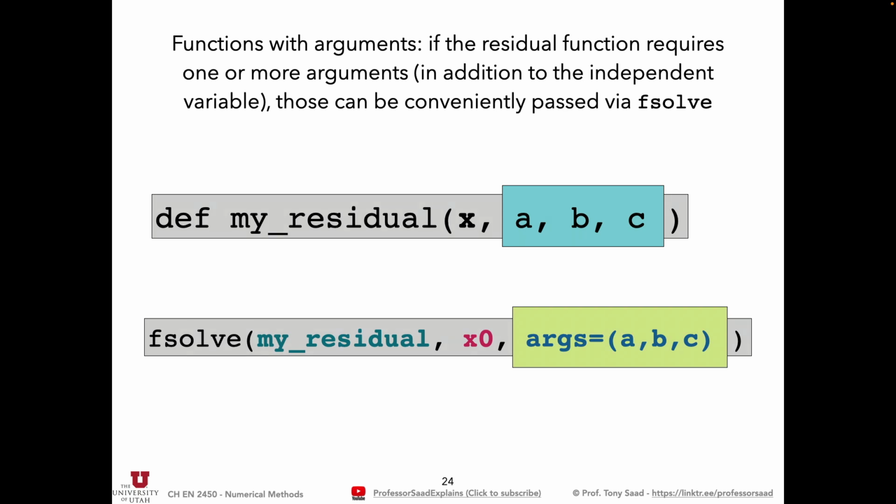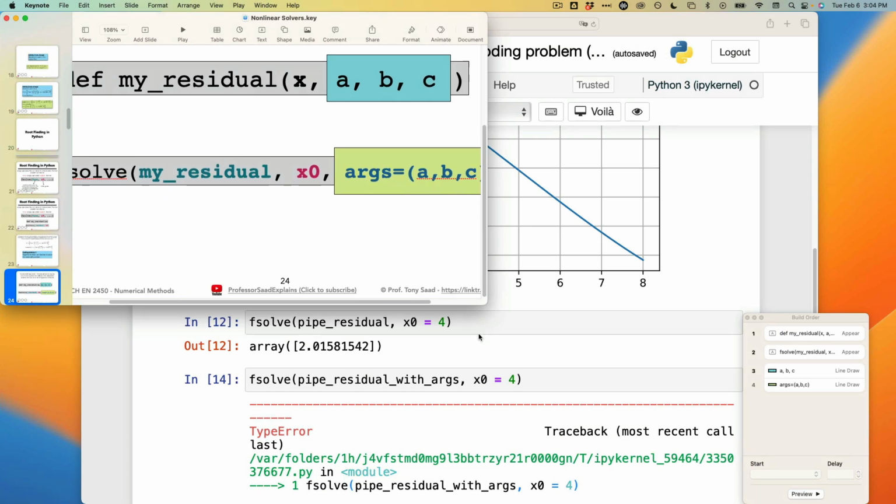Then in the fsolve function, we have the handle to the residual routine, the initial guess, and your third positional argument is where you pass the arguments to that function. So what fsolve does is call my residual, put x0 here, and put a, b, c, d, e, f, g after it automatically. Just a neat trick so that you can have cleaner programming.